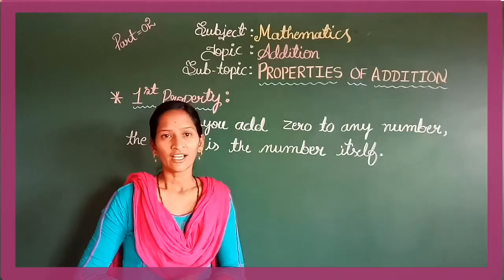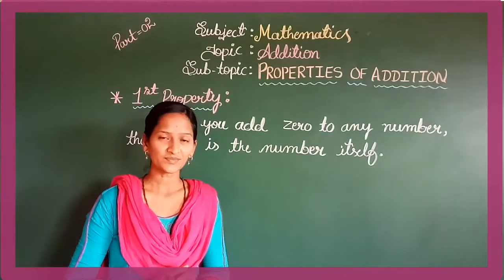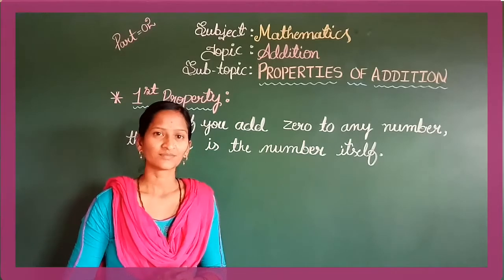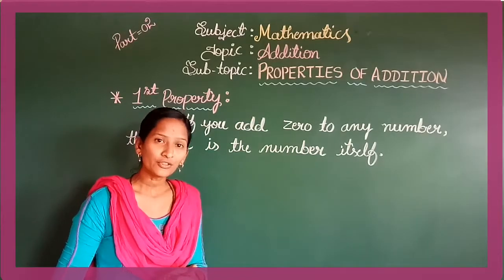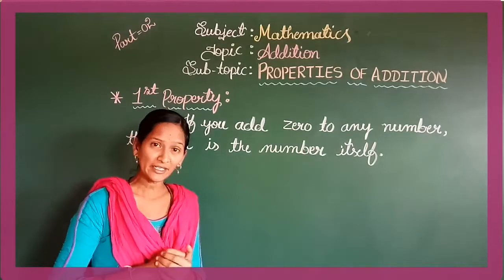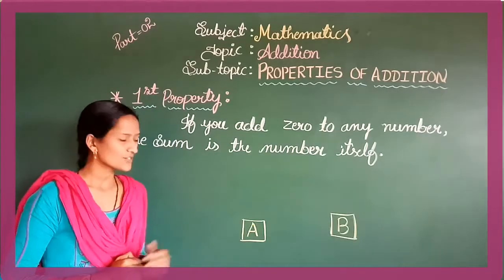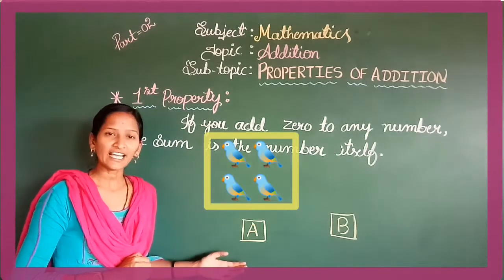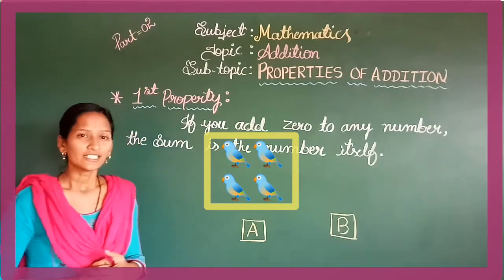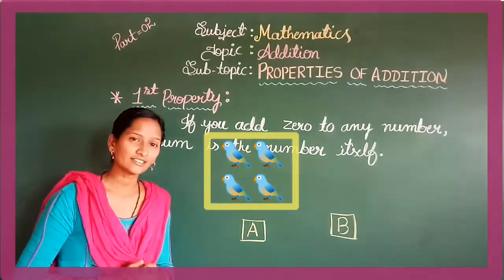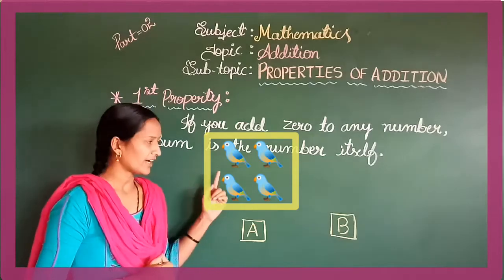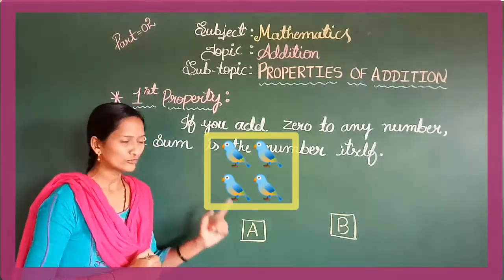Students, have you observed that activity? What did you learn? Yes, if you add 0 to any number, the sum is the number itself. For example, look here. Here is group A. In that, the total number of birds is 1, 2, 3, 4.